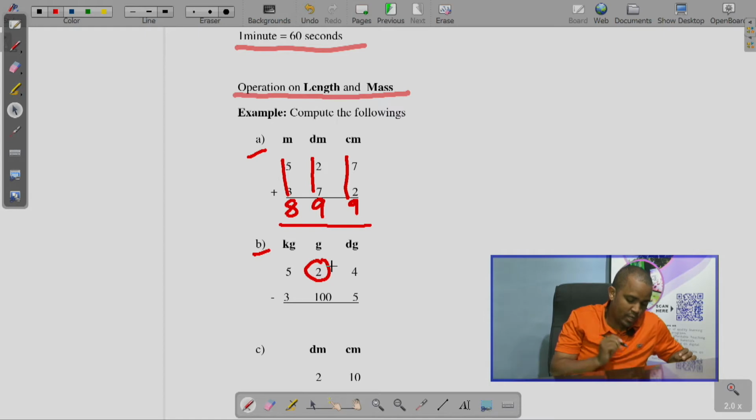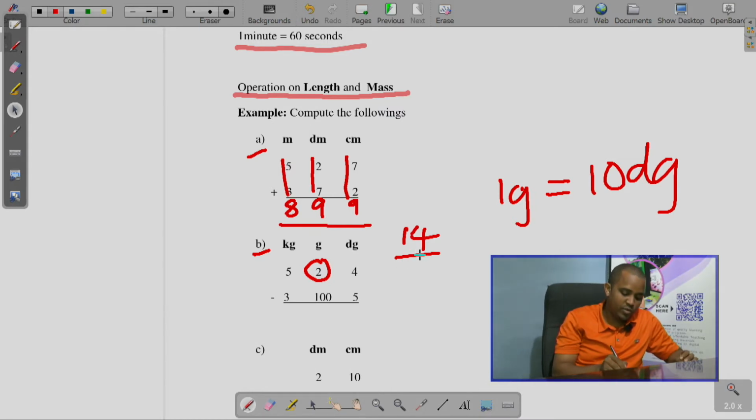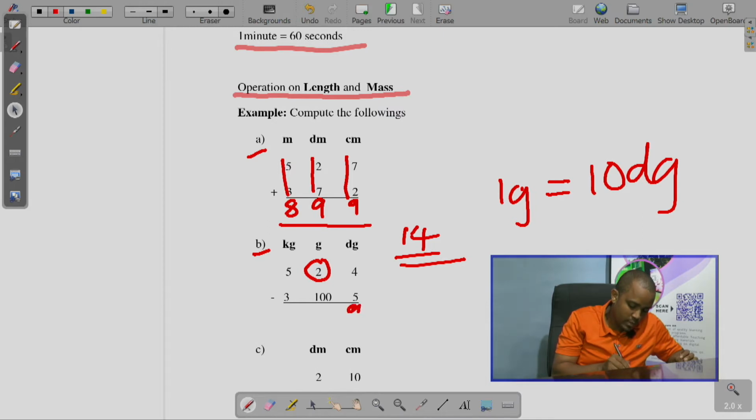If you bring it here, we'll have 14, because 1 gram always equals 10 decigram. So if you take 1, it will not be 1, it will be 10. If you bring 10 here plus this 4, it will be 14. So 14 minus 5 equals 9.